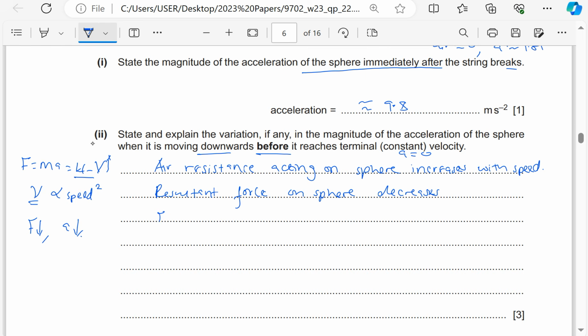And from F equals ma, the magnitude of the acceleration decreases. As simple as that.